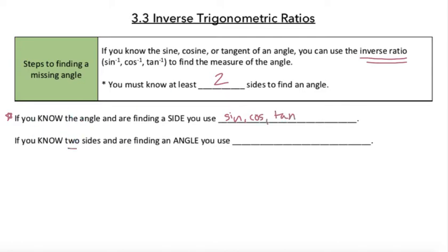If you know 2 sides and are finding an angle, this is where we're going to use sine inverse, cosine inverse, and tangent inverse. And so that -1 is read as inverse. So it's not sine to a power, it's just the inverse of sine and the inverse of cosine.